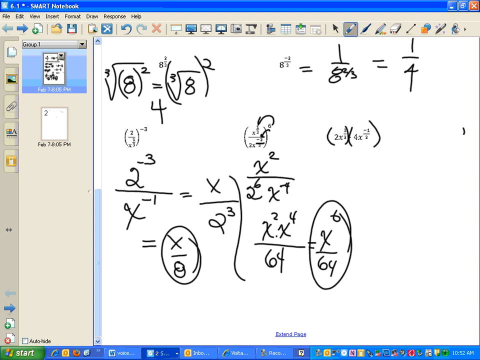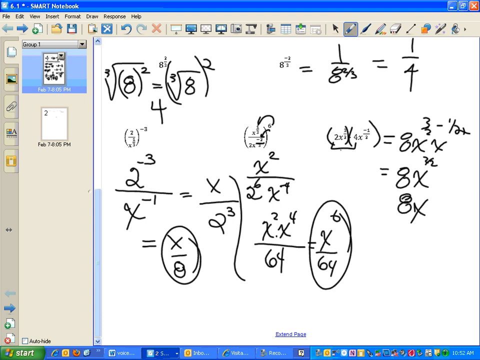Therefore, this is one term that needs to be reorganized, and our numerical coefficient is what? 8. And so what I have is 8 to the 3 halves x to the negative 1 half, which really is 8x to the... It's going to be to the second halves, which is 8 to the first.